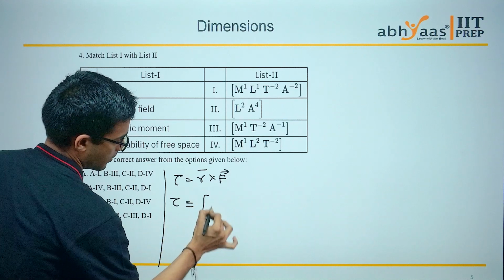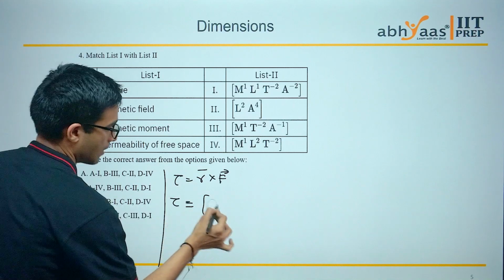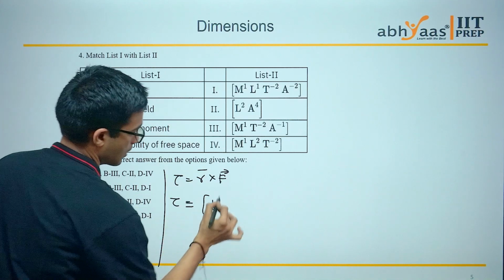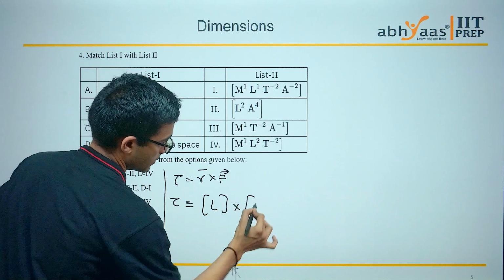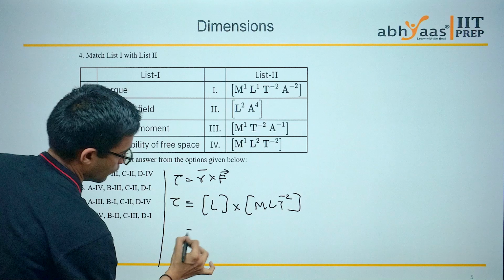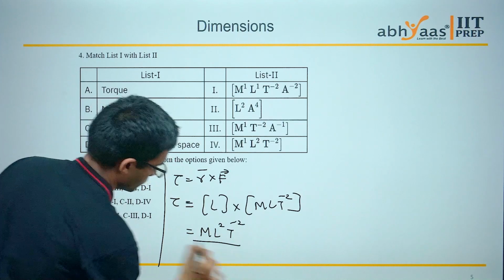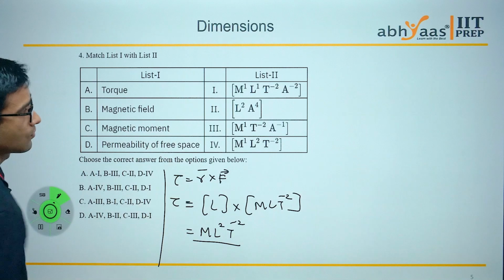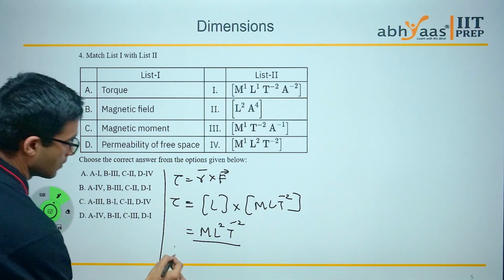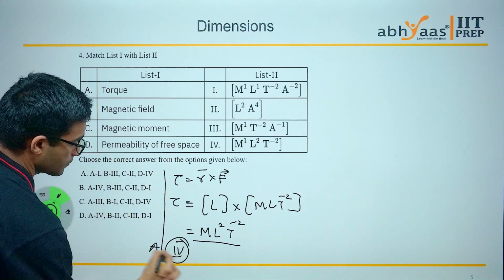Radius units are meters, and meters means L. Force, just now I told, is M L T power minus 2. So if you multiply, you will get M L square T power minus 2. Torque dimension formula is M L square T power minus 2. That is the fourth one. A is 4.